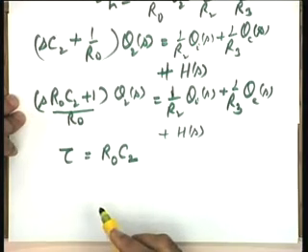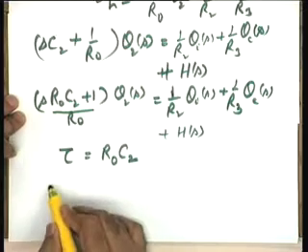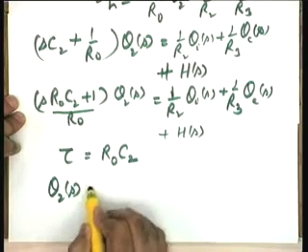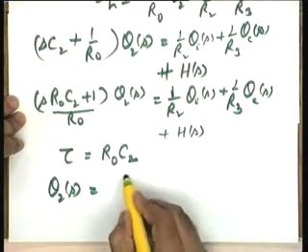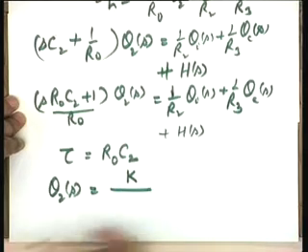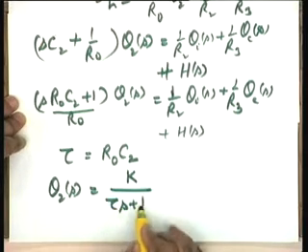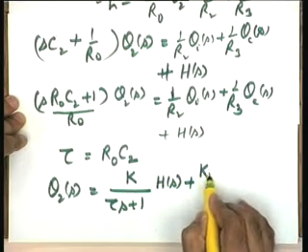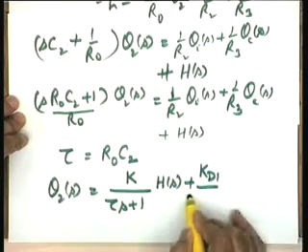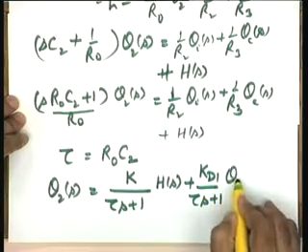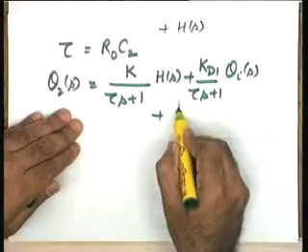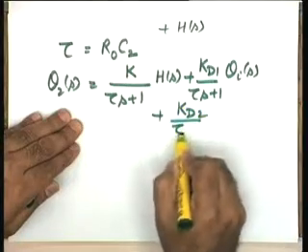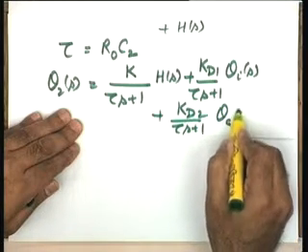So, in this particular case, I am writing this equation in this form: output θ2(s) is equal to some constant K over (τs + 1) times H(s), plus some constant Kd1 over (τs + 1) times θi(s), plus some constant Kd2 over (τs + 1) times θa(s).